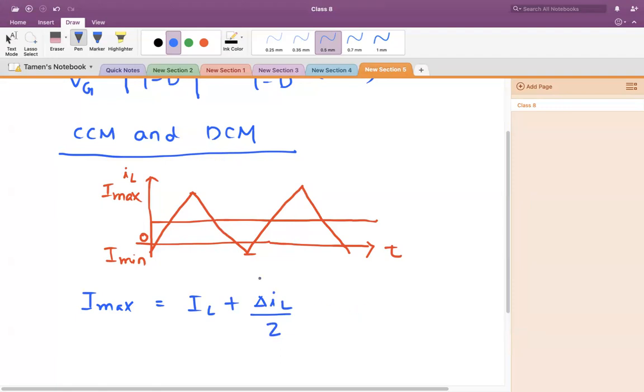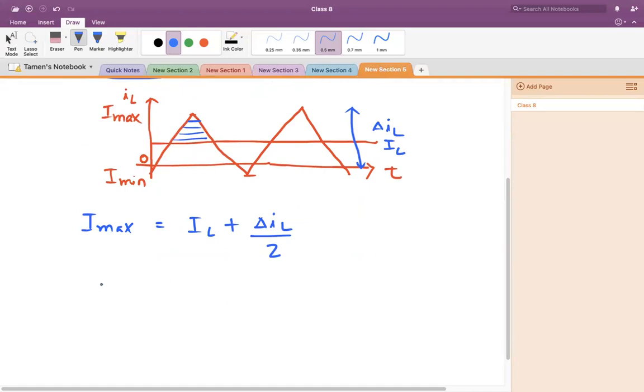This is the delta IL, that is the ripple part from here to here, and the straight line indicates the average current IL. So we are considering only the maximum part, that is IL plus delta IL by 2, half.